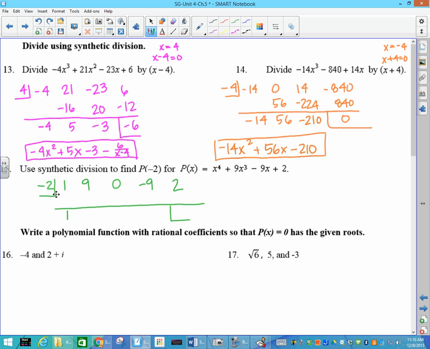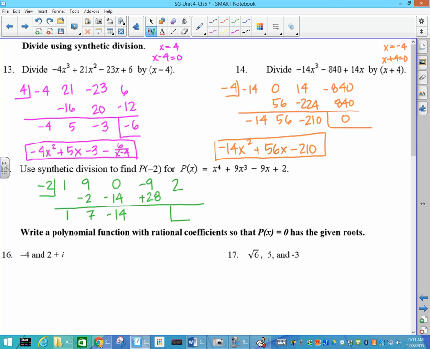So bring down my 1, negative 2. 9 minus 2 is 7. Negative 2 times 7 is 14. 0 plus 14 is 14. Negative 2 times 14 is negative 28. That's supposed to be a negative 14.